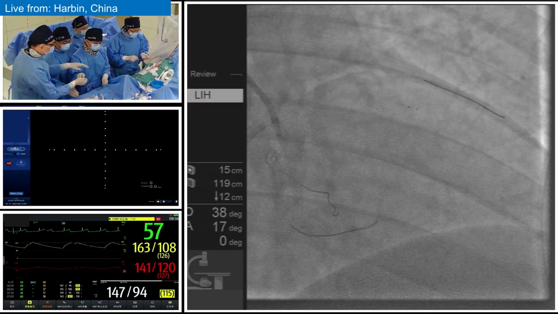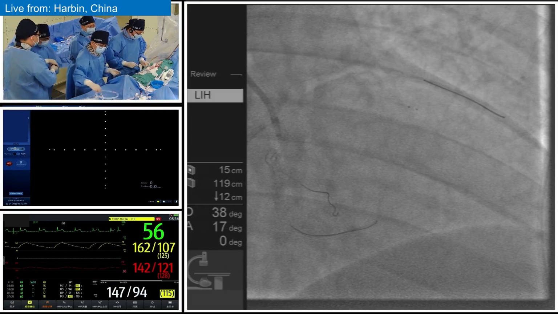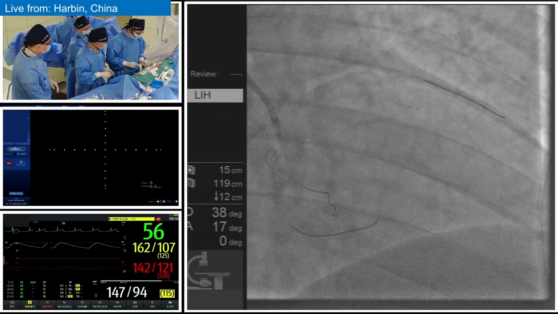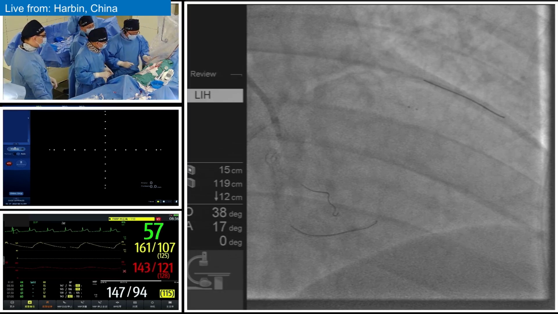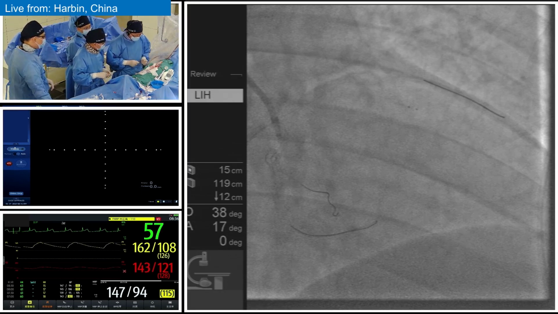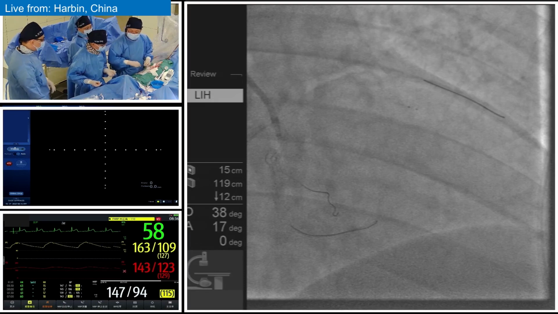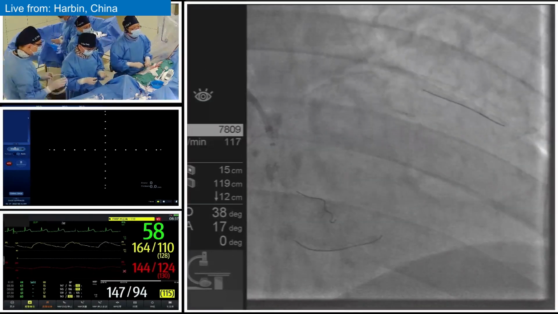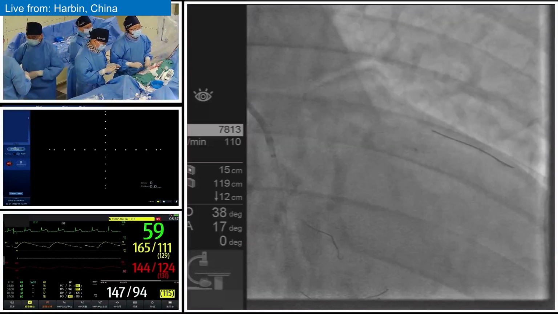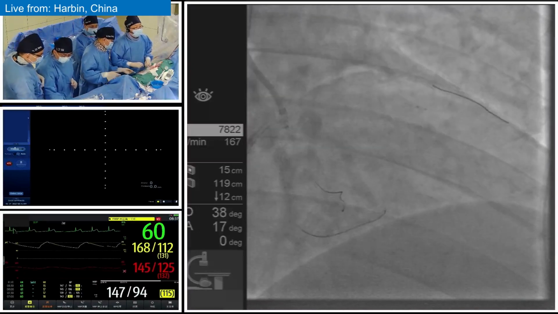There is a question from the audience: why do we perform these antegrade ADR techniques without trying just the simple parallel technique? Like we just introduced from the CT reconstruction, there is a relatively long diffuse CTO segment. So the antegrade parallel technique has a relatively low success rate because this is a J-CTO score 3 case.